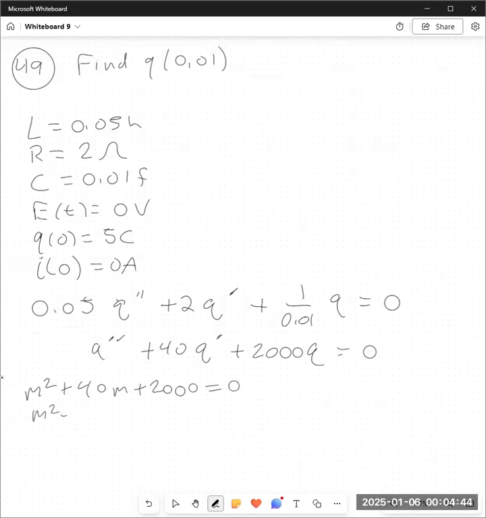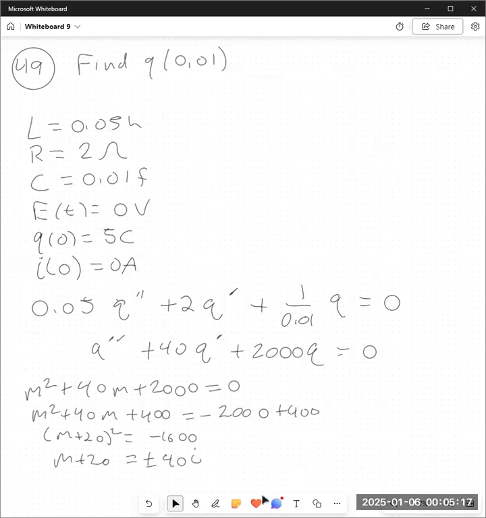So m squared plus 40m equals negative 2000. Half of 40 squared is 20 squared, which is 400. Going to add that to both sides here to complete the square, which gives me m plus 20 squared is equal to negative 1600, giving me m plus 20 is equal to plus or minus 40i.